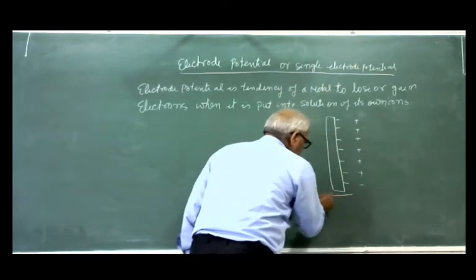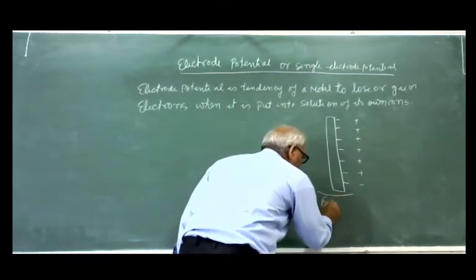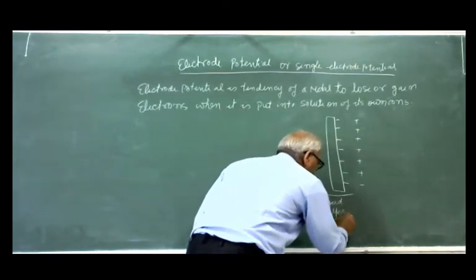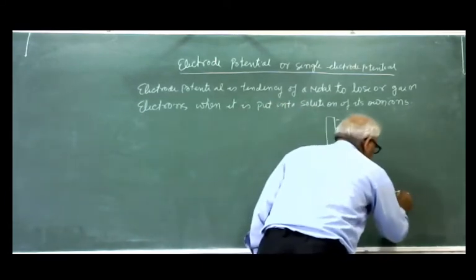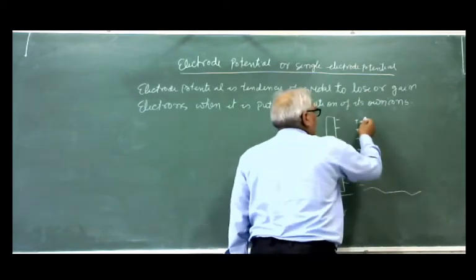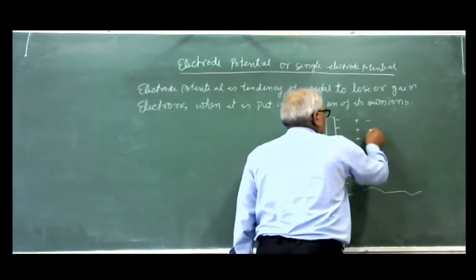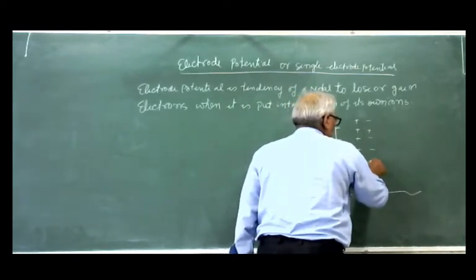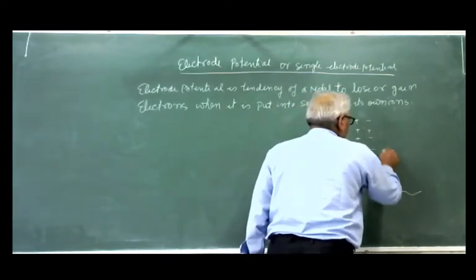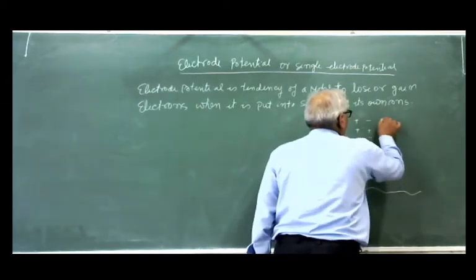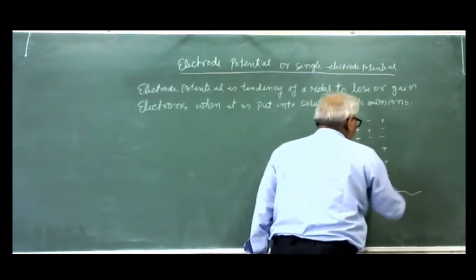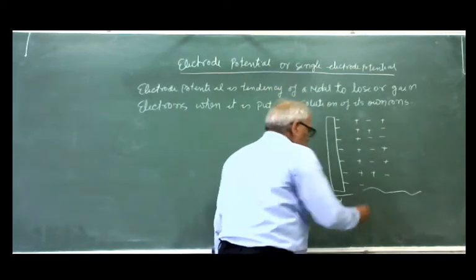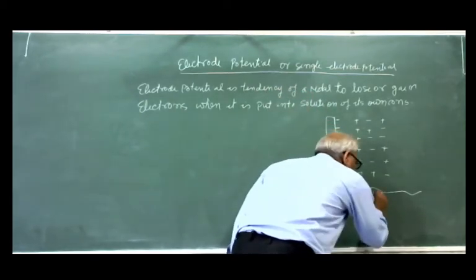So this is the fixed layer. And this is the diffused layer here. Suppose negative, positive, negative, negative, negative, positive, positive, positive, negative, negative, positive, like this. So this is the diffused layer.